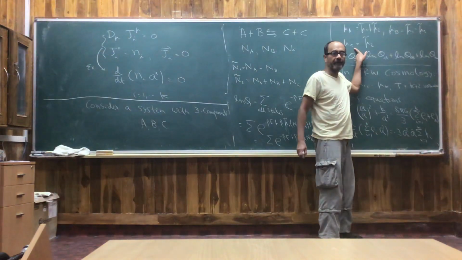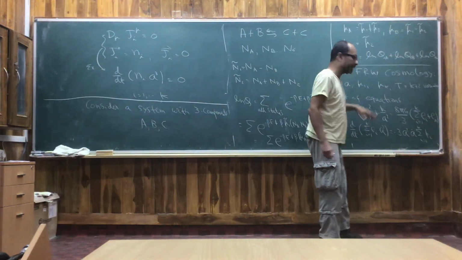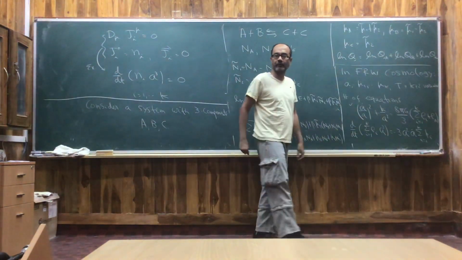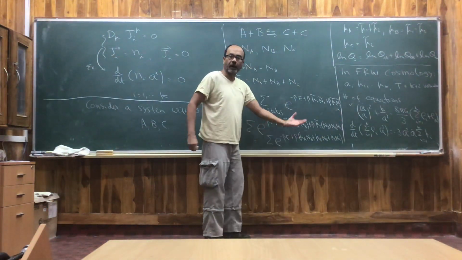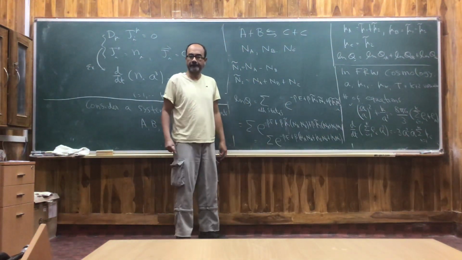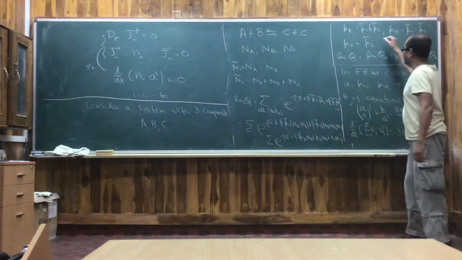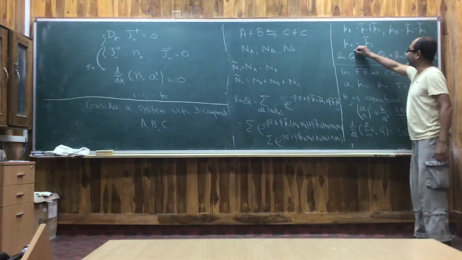The sum is independent. That's why you are writing it as log QA plus log QB plus log QC, a product of three independent partition functions. But the mu's are related, because three mu's are expressed in terms of two independent mu tildes.